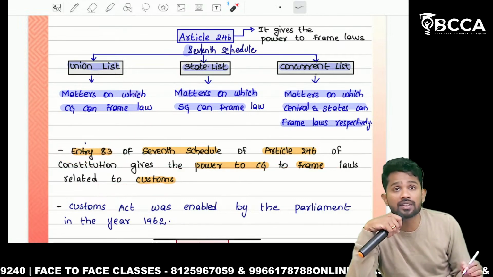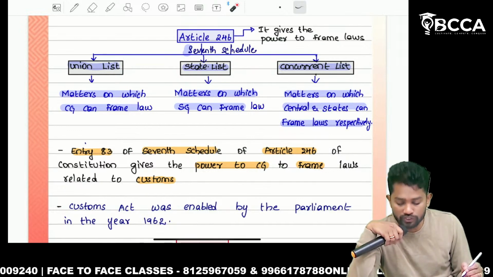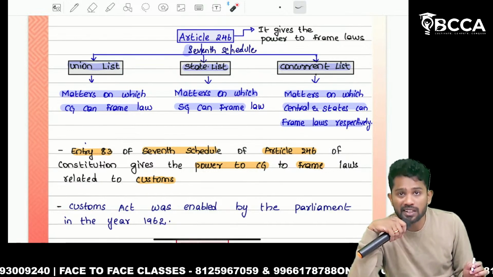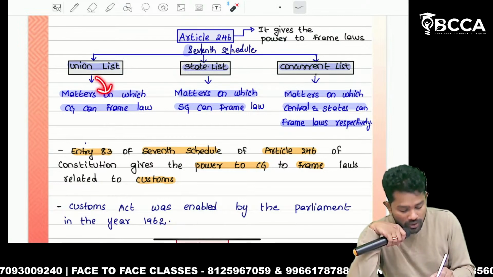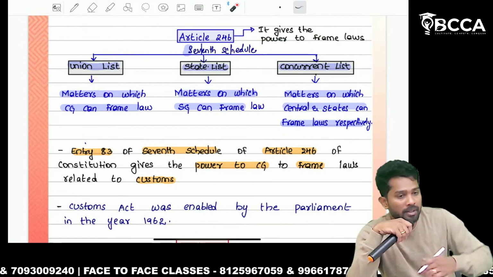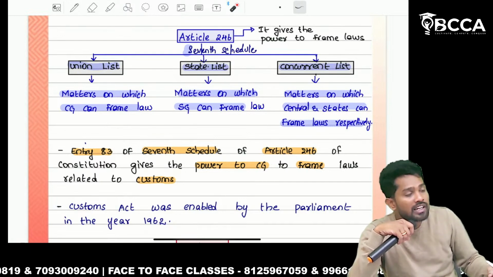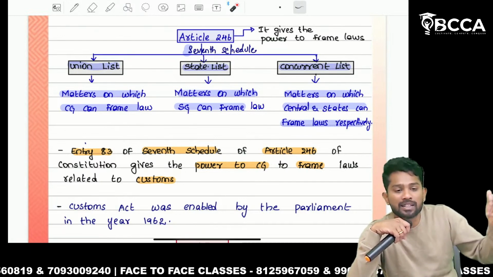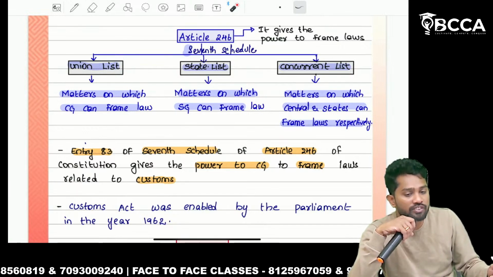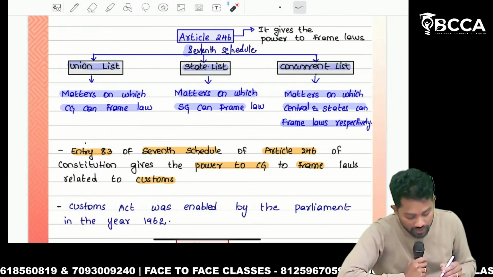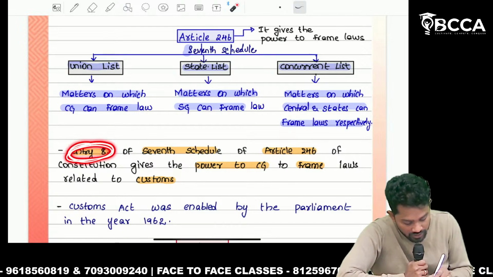Customs is under the union list. I mean, the power to frame customs law is with the central government. Under the union list there are many matters on which the central government can frame laws. Out of them, customs is one particular item. So that's why the entry number of customs is entry 83.